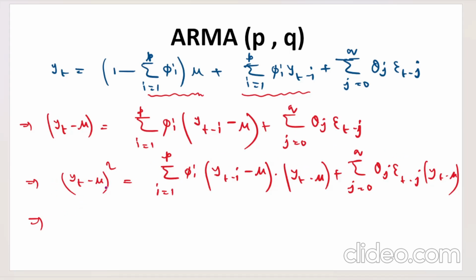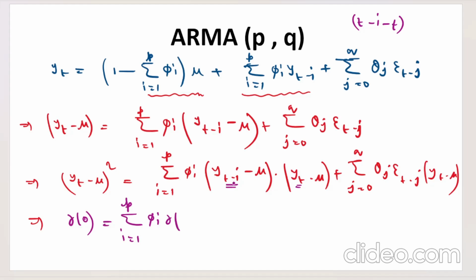So expectation of (y_t minus mu) squared is nothing but the variance, which is gamma naught. Now if you take expectation here, what you will have is summation i from 1 to p phi i. Now expectation of (y_(t-i) minus mu) into (y_t minus mu), what will that be? This will be gamma. I have told you how to do this. Just subtract the suffixes, t minus i minus t.